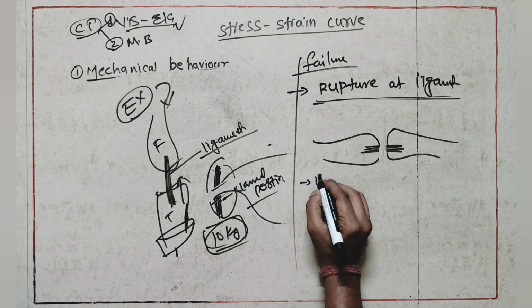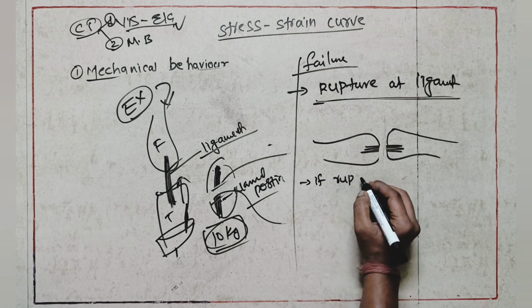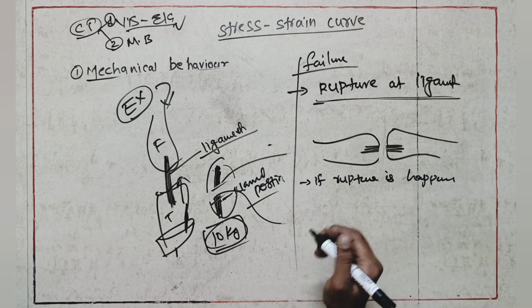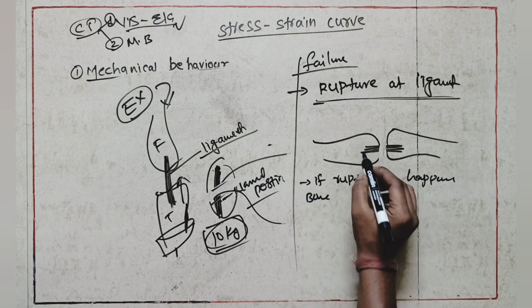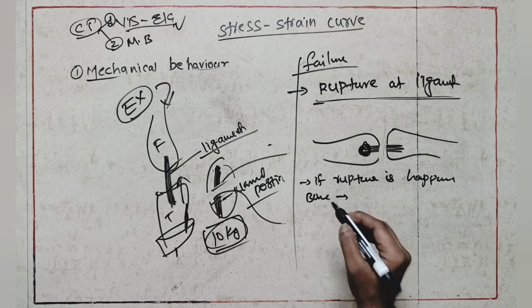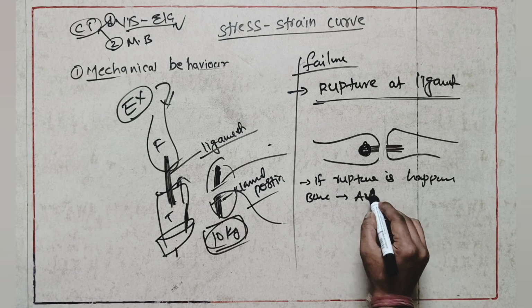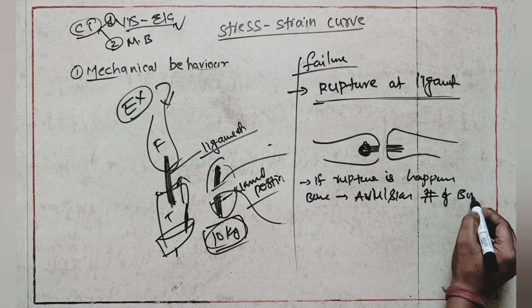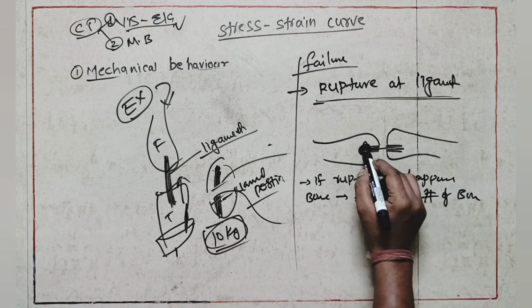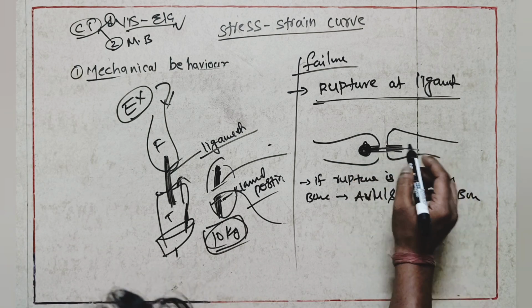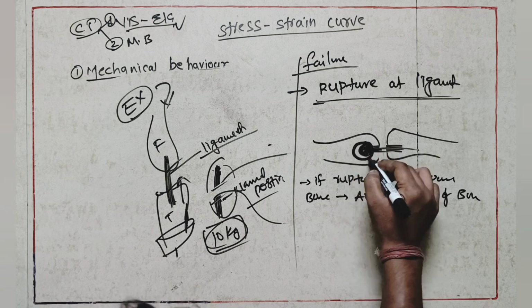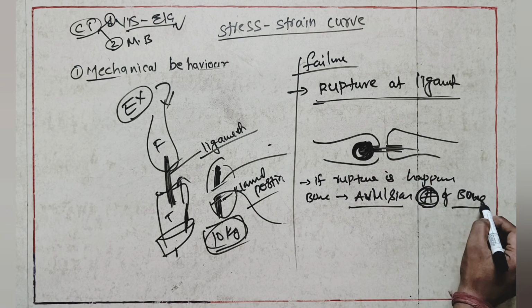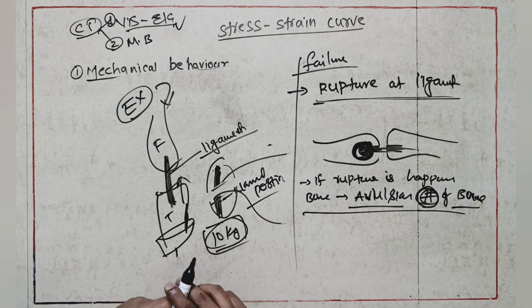If the rupture is happening through the bone, with the bone, then we call it an avulsion fracture of the bone. Here the tendon or ligament will pull like this, and when it ruptures, it takes some part of the bone with it. That's why it is an avulsion fracture of the bone. So this is about stress-strain curves.